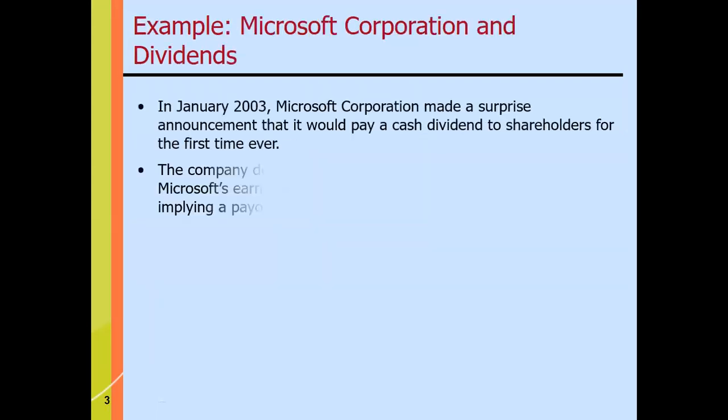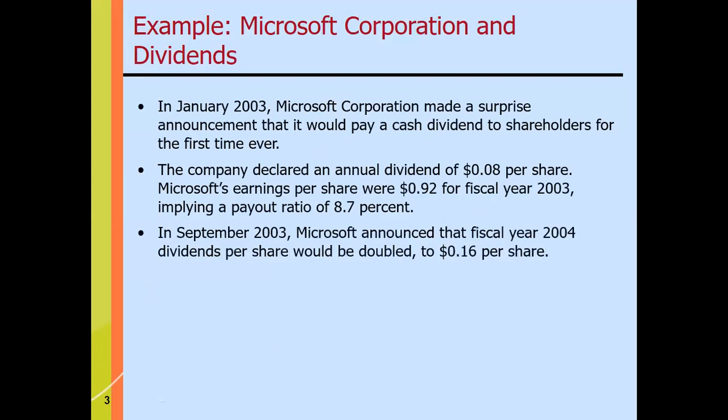All right, so we have here an example: Microsoft Corporation made a cash dividend payout for the first time ever in January 2003. The annual dividend is $0.08 per share. Earnings per share, EPS, is $0.92 for 2003, in which the payout ratio then is 8.7%.